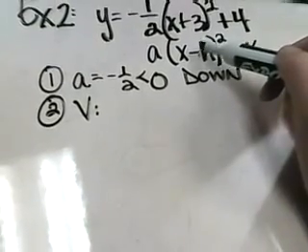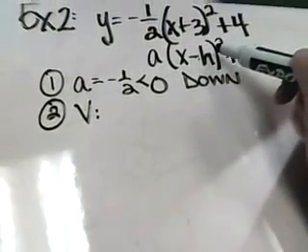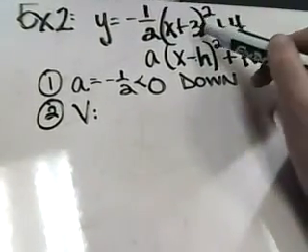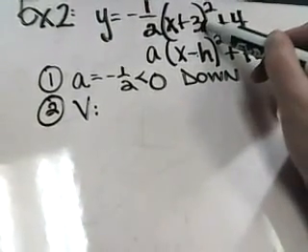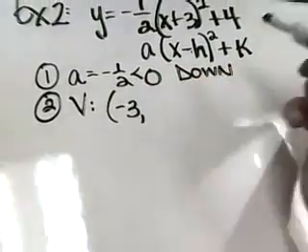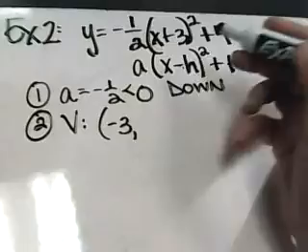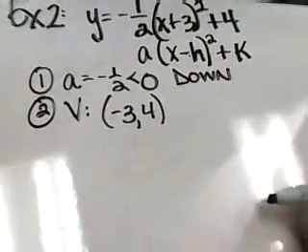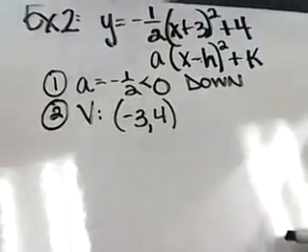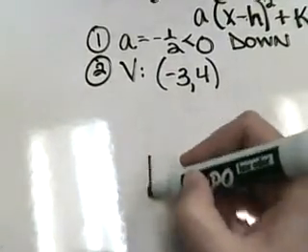So I have minus a negative 3 would give me this positive 3. I think of it as whatever is in this spot, it's opposite of what it looks like. So my H would be negative 3. K is exactly what it looks like, so 4. So much easier than standard form. I have my vertex just by looking at the equation. Let's plot him.